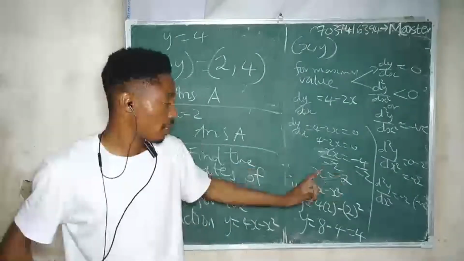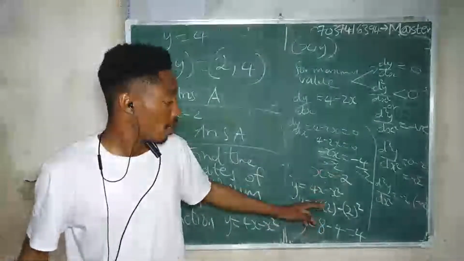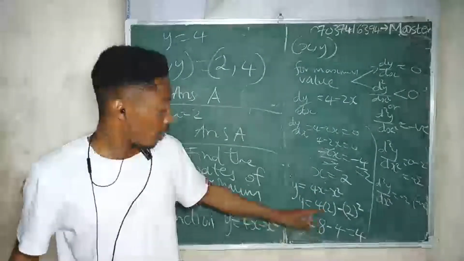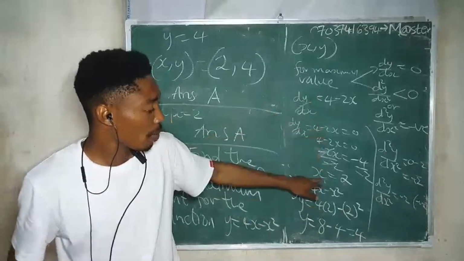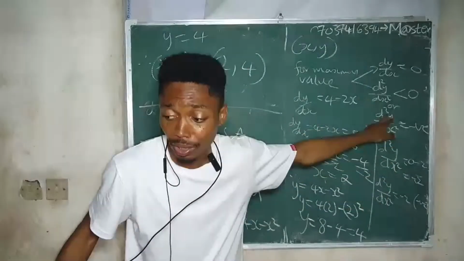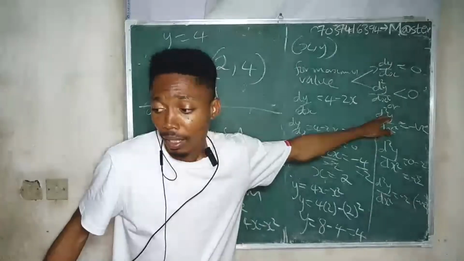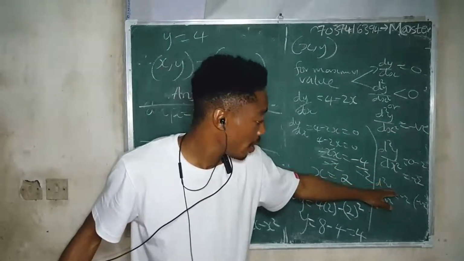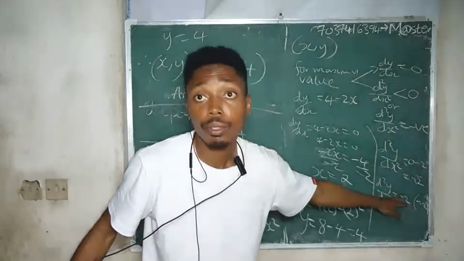So from where I stopped, when we found x as 2 and we confirmed that this actually has a maximum value because we did the second derivative, and the second derivative gave us -2.